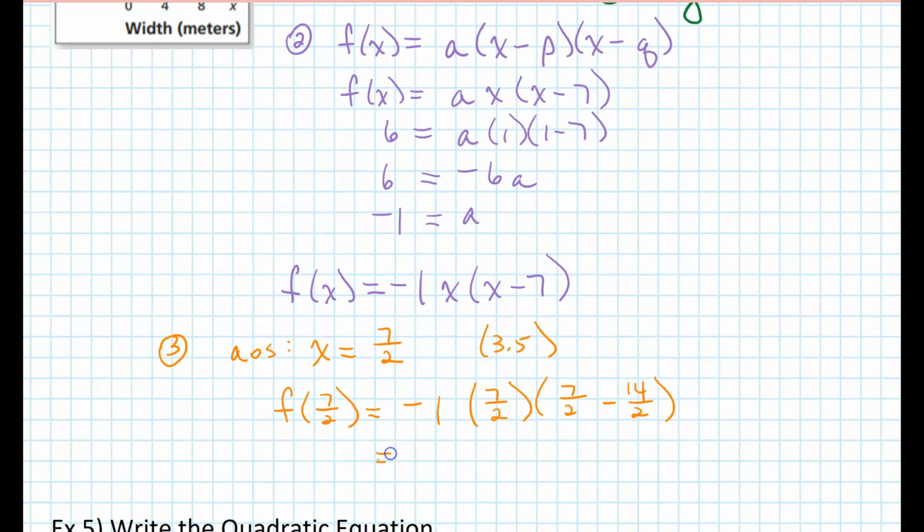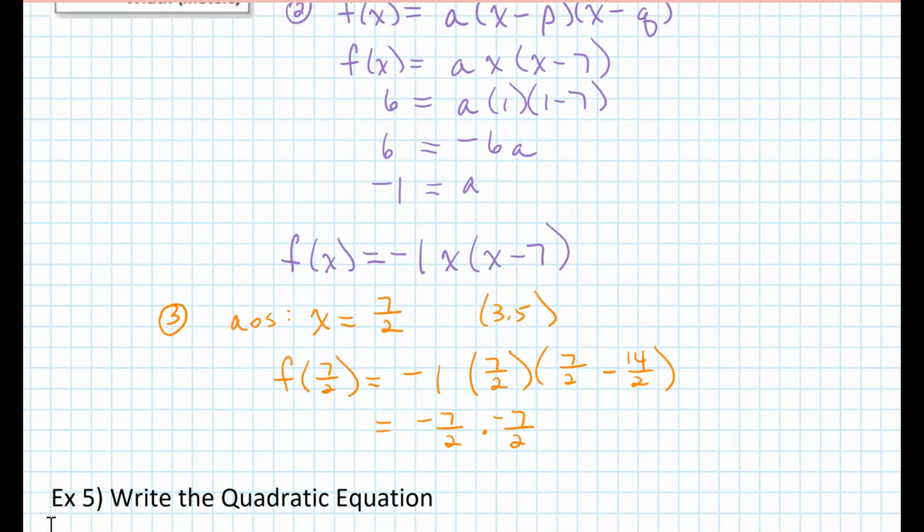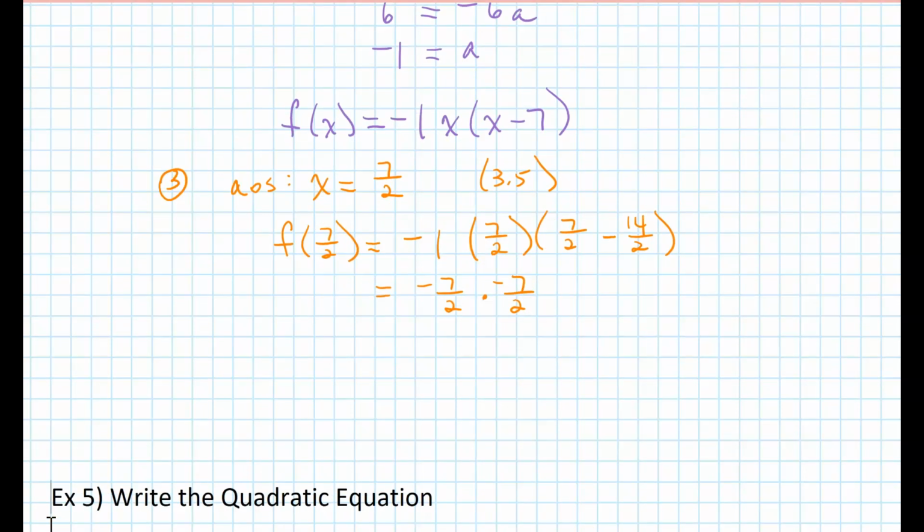All right, so this is going to give me negative 7 over 2 times negative 7 over 2, which is what? 49 over 4. Okay. This is a contextual problem, so 49 over 4 is really not so pleasant to interpret, so we would go ahead and simplify this.